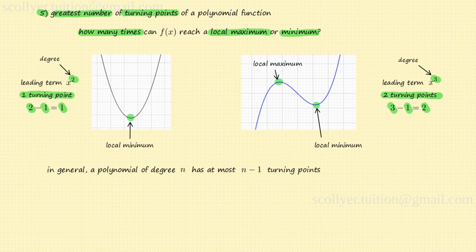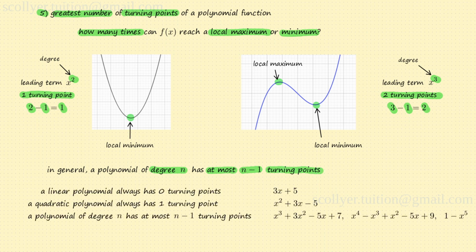And in fact, the pattern that we see with these two examples holds more generally. A polynomial of degree n has at most n-1 turning points. However, there are some details to be aware of. A linear polynomial of degree 1, such as 3x plus 5, always has 0 turning points.